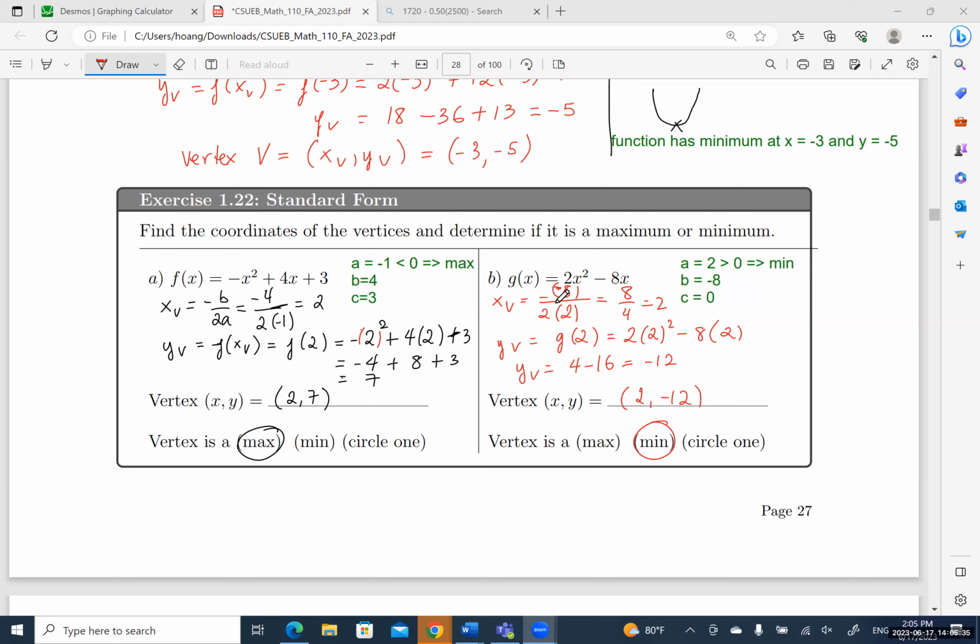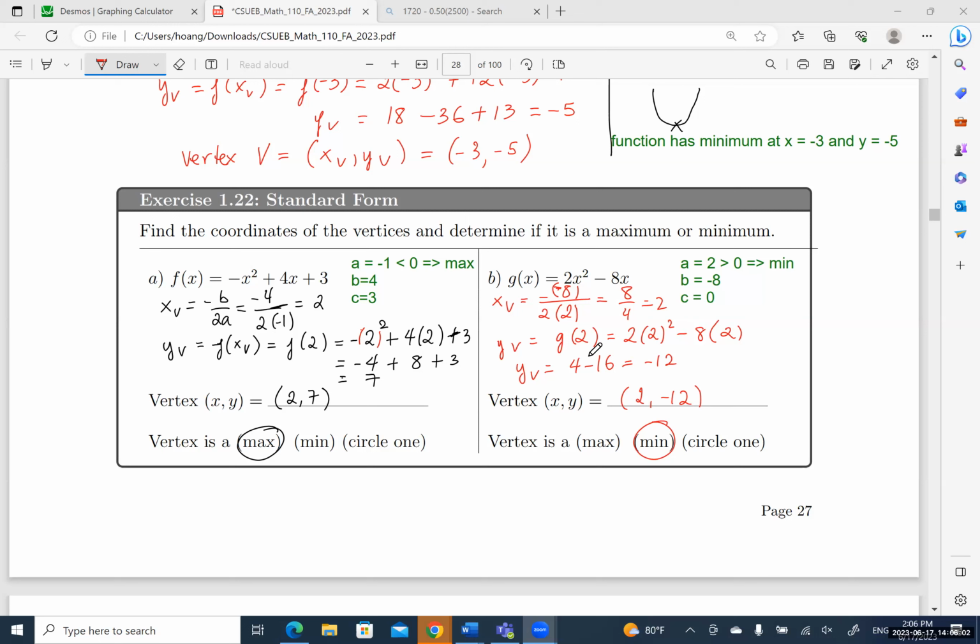Okay, so now the x coordinate of the vertex is going to be the negative of b, which is -8 here, right? I put it out and divided by 2 times a, 2 times 2. So 8 over 4 is going to be equal to 2. That's maybe the correct one, right?